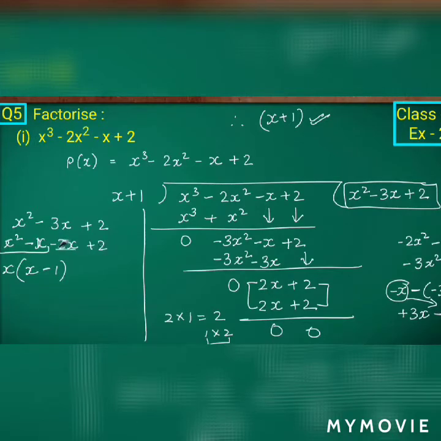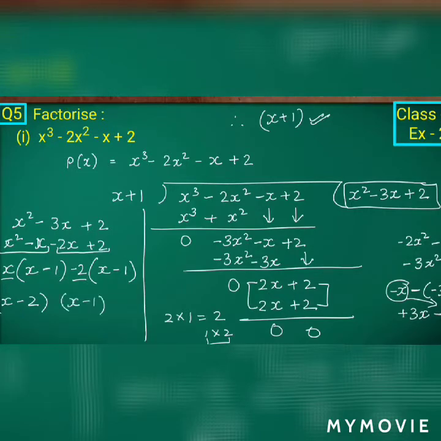If you observe here, what is the term I can take? Minus 2. Since we have to get the common factor, that is x minus 1, I must take minus 2 common. So minus 2 into x is giving minus 2x, minus 2 into minus 1 is giving plus 2, isn't it? So what are the factors here? x minus 2 and x minus 1.